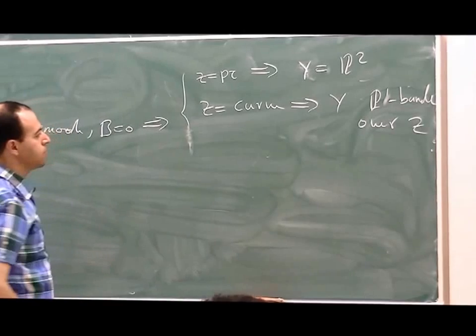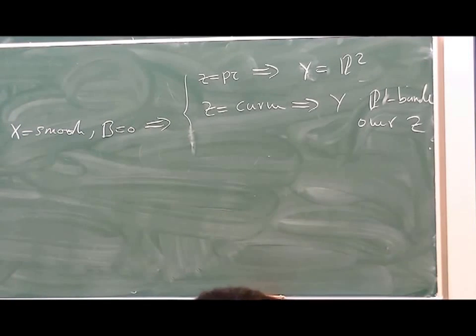These are the two possibilities. So either you just end up with essentially P2, the projective plane, or you will end up with a P1 bundle over some curve. So these are already classified.